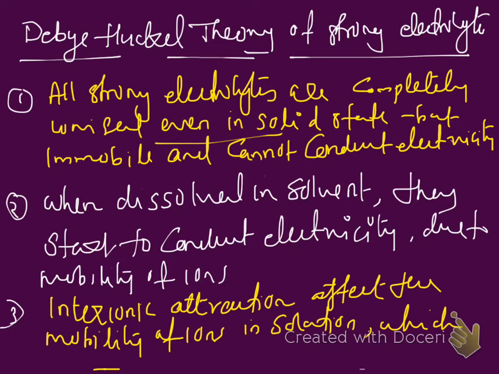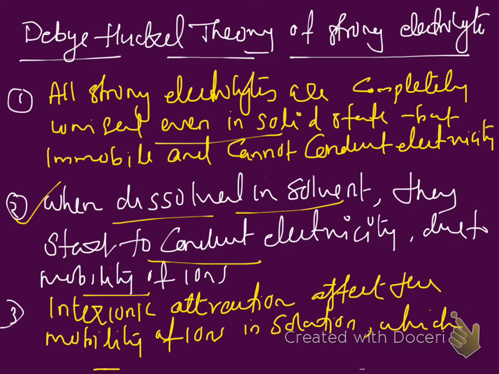But when dissolved in a suitable solvent of sufficient dielectric constant, they start to conduct electricity because of their mobility. When these solid electrolytes are dissolved in a solvent, the ions get separated and become mobile through the solution, so they can conduct electricity.